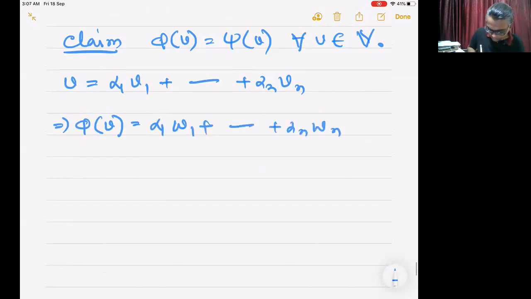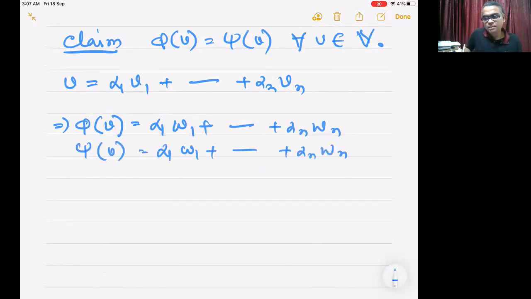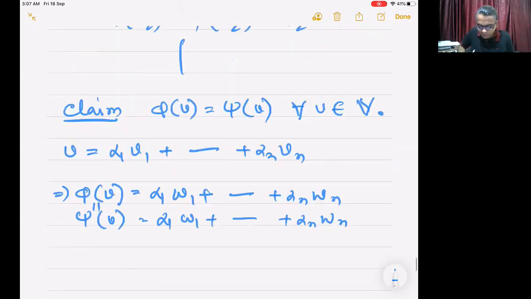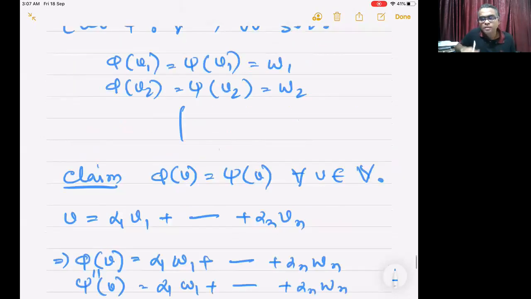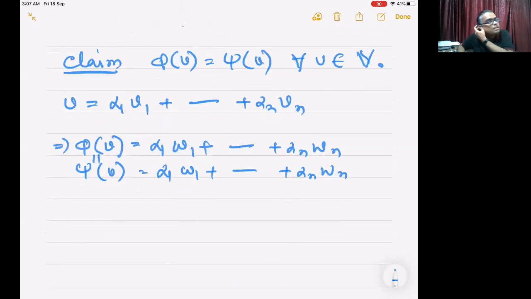But psi v must also be like that, alpha 1 w1 plus dot dot dot alpha n wn, right? So the two are equal. So that's why specifying on the basis uniquely specifies the linear map everywhere.